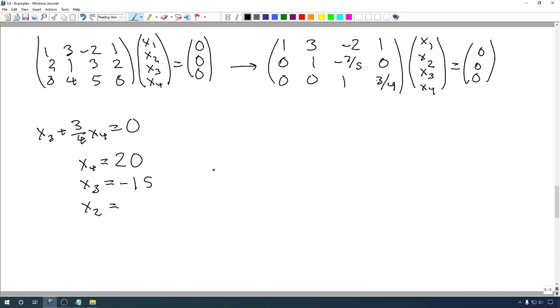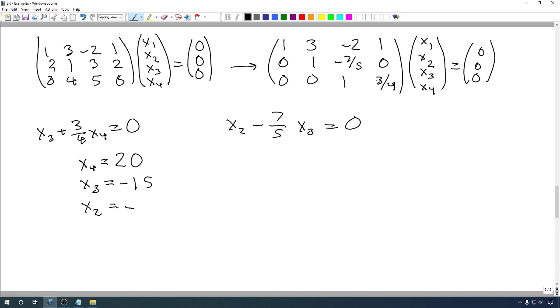x2, well, now we have to use another equation from our row echelon form. We have x2 minus 7/5 times x3 is equal to 0. If we go ahead and use our answer for x3, plug it in here, we get x2 plus 21 is equal to 0.